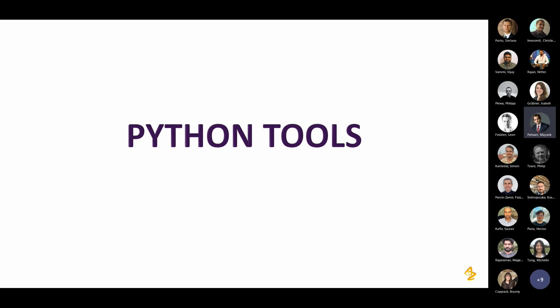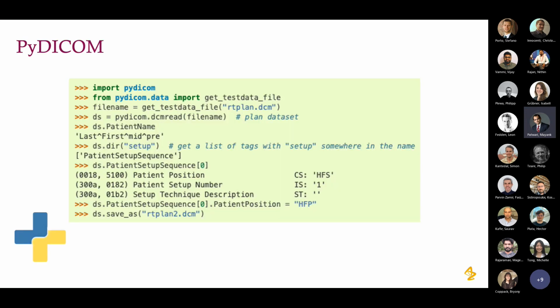So the first imaging format I discussed was called DICOM. To deal with DICOM in Python, we have the obviously named PyDICOM. How does PyDICOM work? Well, PyDICOM contains the library which reads the DICOM file. The loaded PyDICOM object is a sort of dictionary.